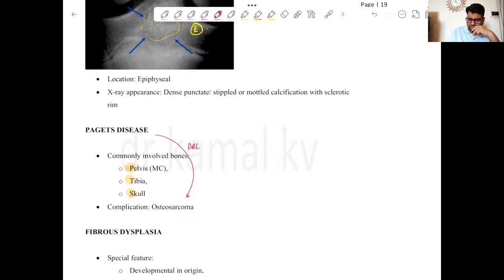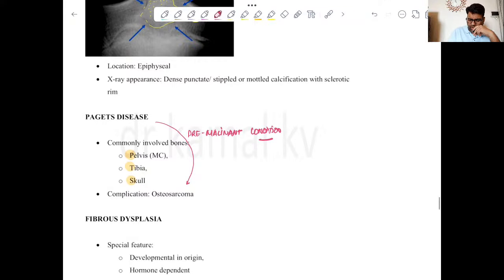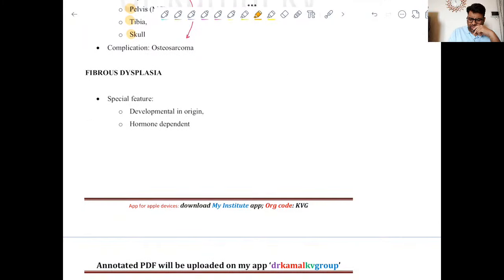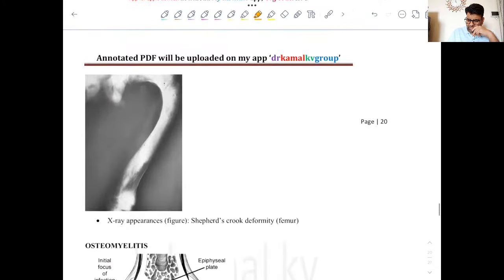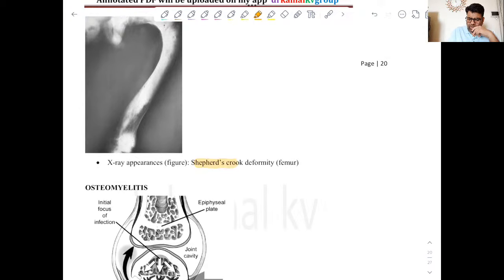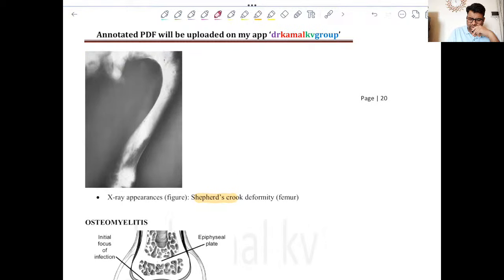So it is a type of pre-malignant condition. It can convert into osteosarcoma at a later date. For fibrous dysplasia, please remember only one thing: the Shepherd's crook deformity. So classically, the proximal femur is curved, so it looks like a Shepherd's crook deformity. So this is fibrous dysplasia, right?